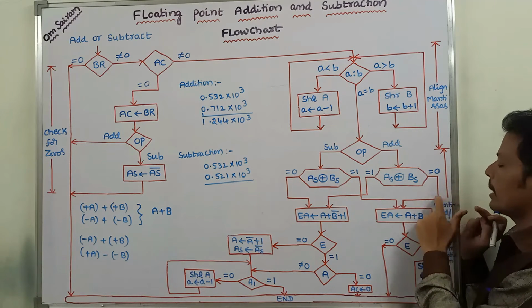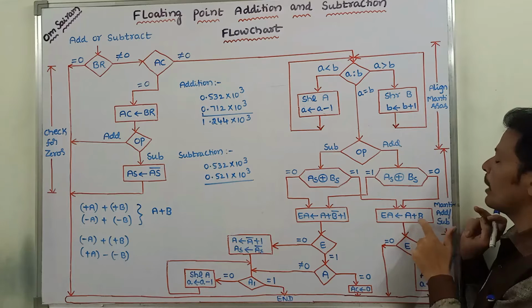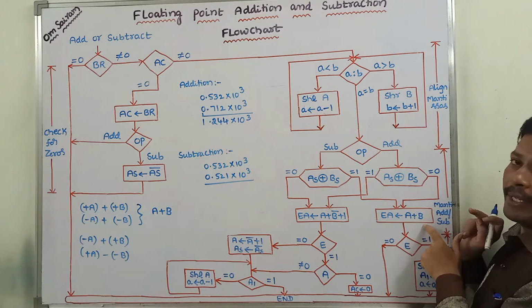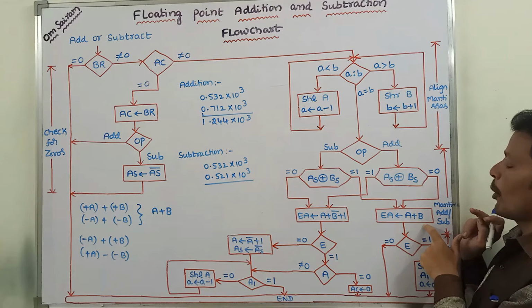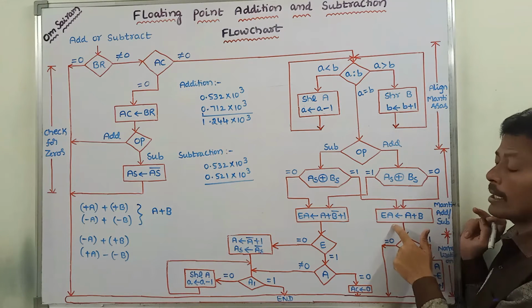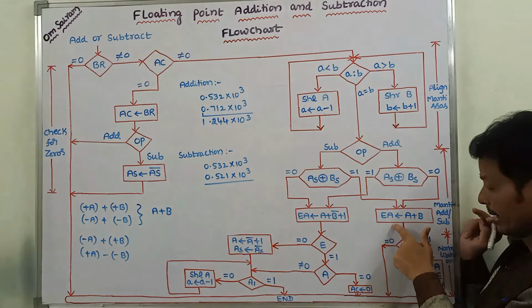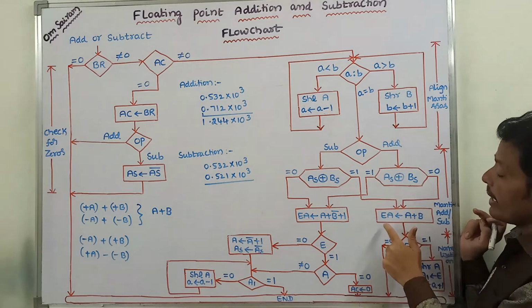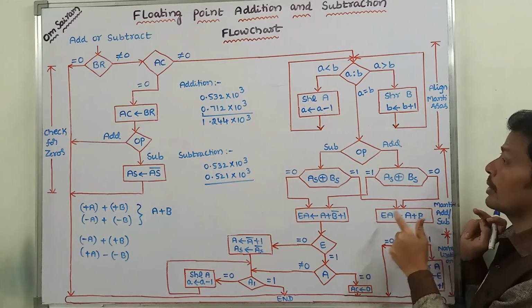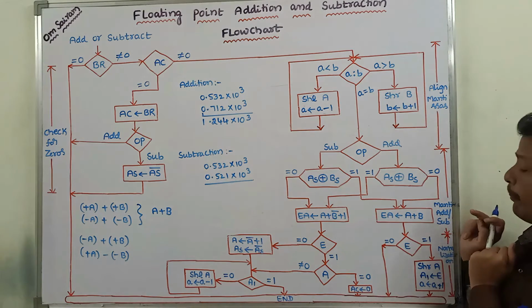At that time we have to simply perform the addition operation between the mantissas of the two floating point numbers. Whatever result we are getting, that result is transferred to A. If any carry is generated, that carry bit can be transferred to the extended flip-flop.